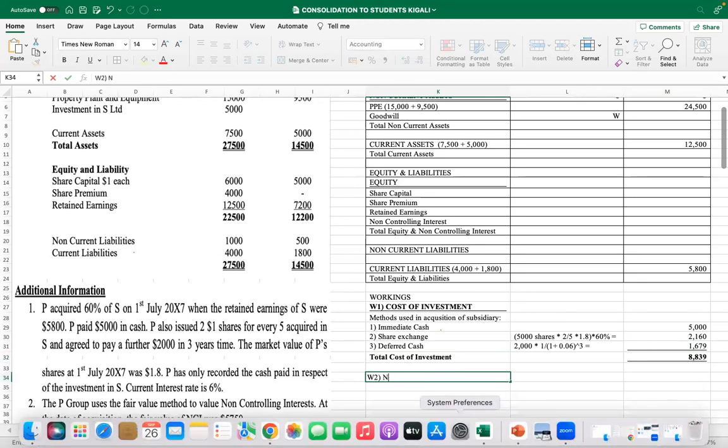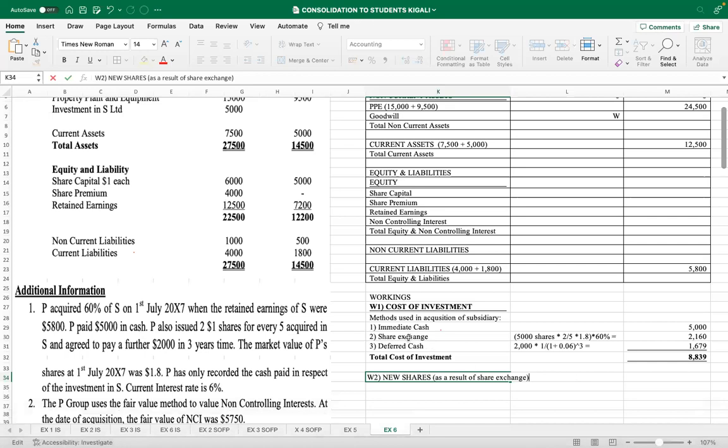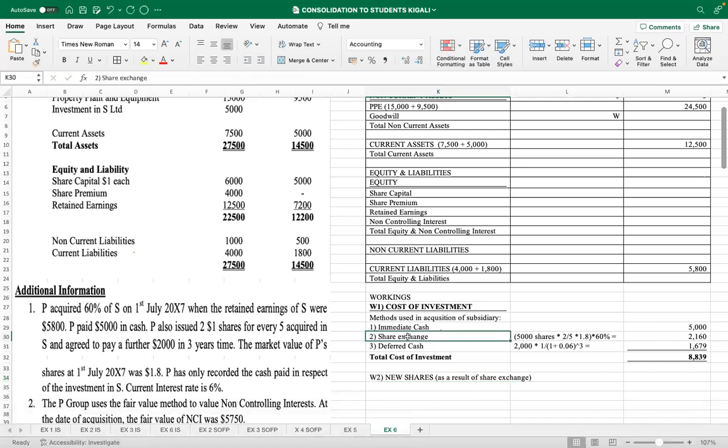So that leads us to working two, new shares as a result of share exchange. Do you agree there is share exchange? If there is share exchange, there are new shares.